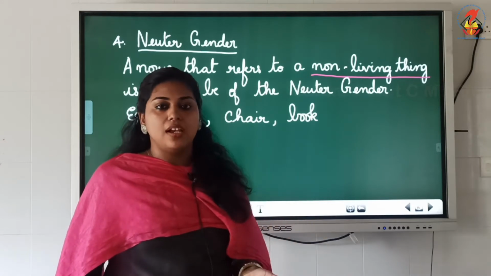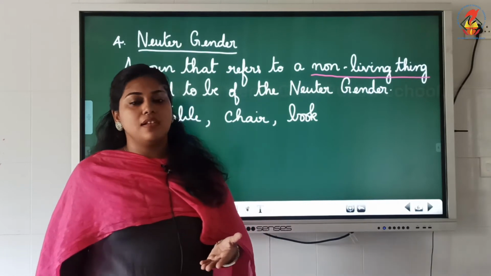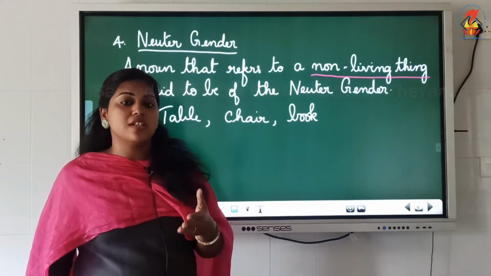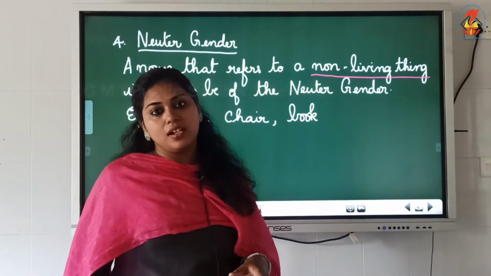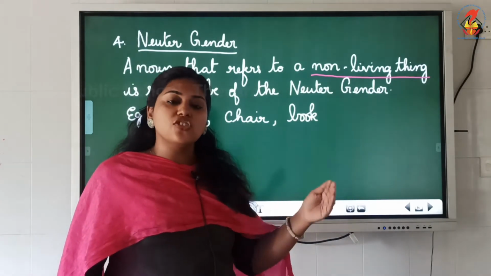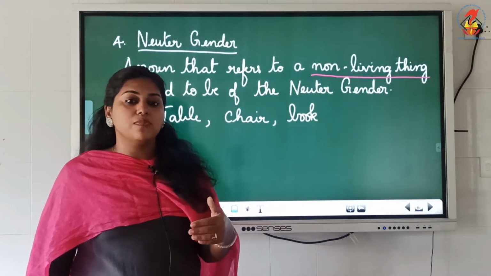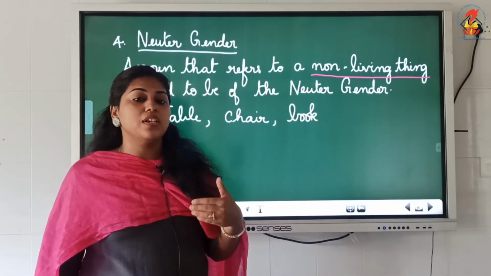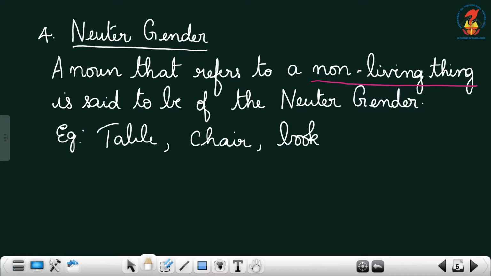Table, chair, book, pencil, box. All these are non-living things which do not have a male or female category. So for such things we refer to neuter gender. A noun that refers to a non-living thing is said to be of the neuter gender.